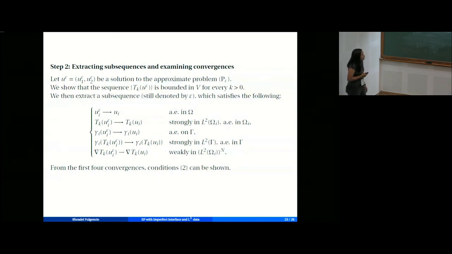And Ui, or U equal to U1, U2, will be our candidate for a renormalized solution. So from the first 4 convergences, we can show that the 2 regularity conditions in our definition are satisfied.